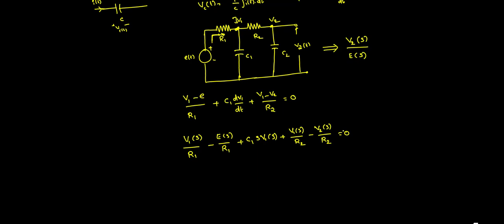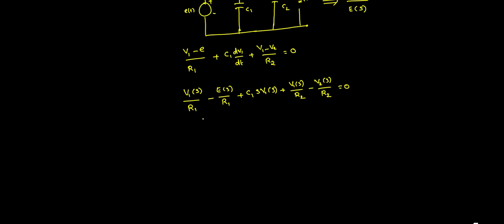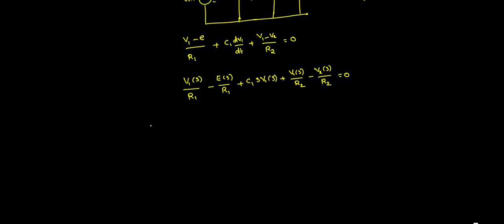From this equation, I'll take V1 of s as common: 1 by R1 plus s C1 plus 1 by R2, minus V2 of s divided by R2, is equal to E of s divided by R1.